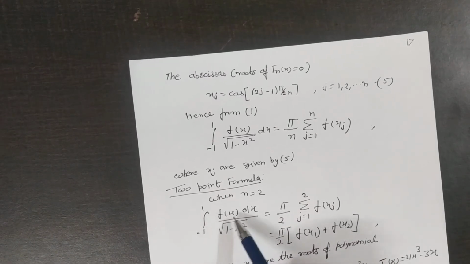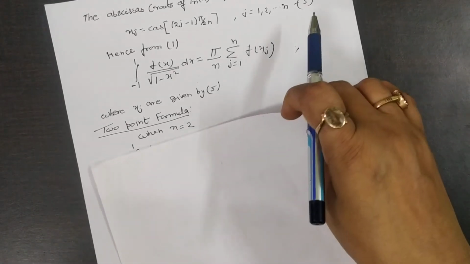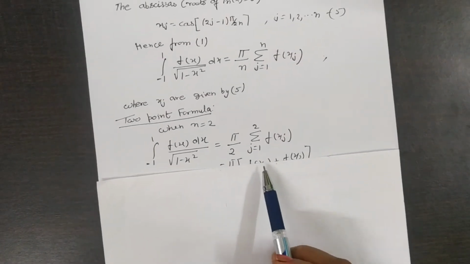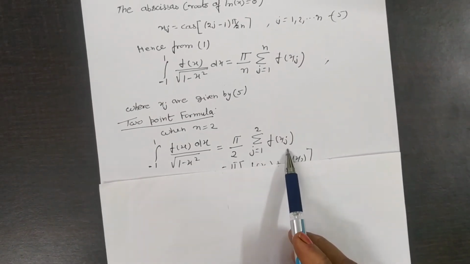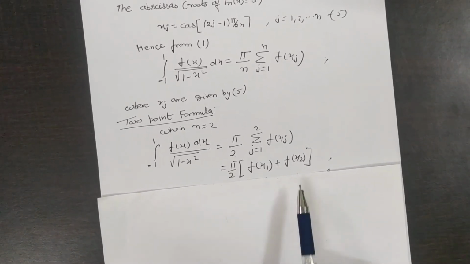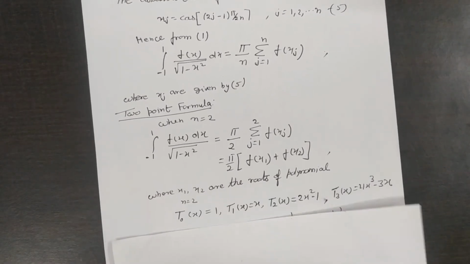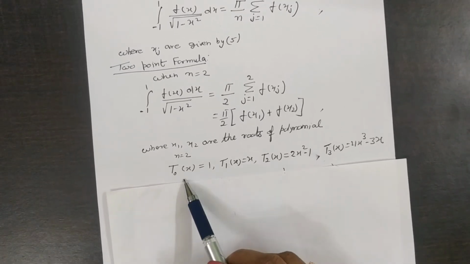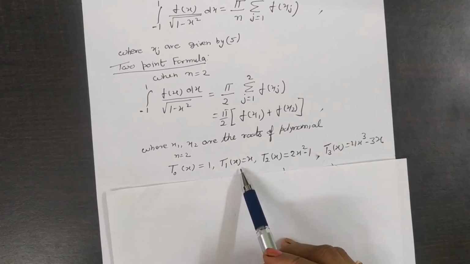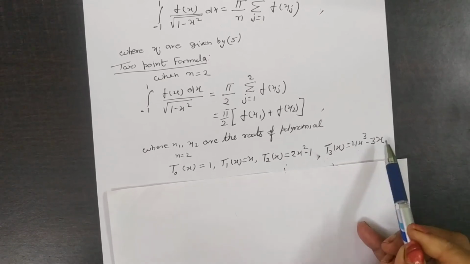Yes. Now the 2-point formula. Here if we substitute n is equal to 2, then pi by 2, sum over j varying from 1 to 2 of f(xj), and this can be expanded as f(x1) plus f(x2), where x1 and x2 are the roots of the polynomial. Solving the Chebyshev polynomials, T0(x) is 1, T1(x) is x, T2(x) is this one, T3(x) and so on.